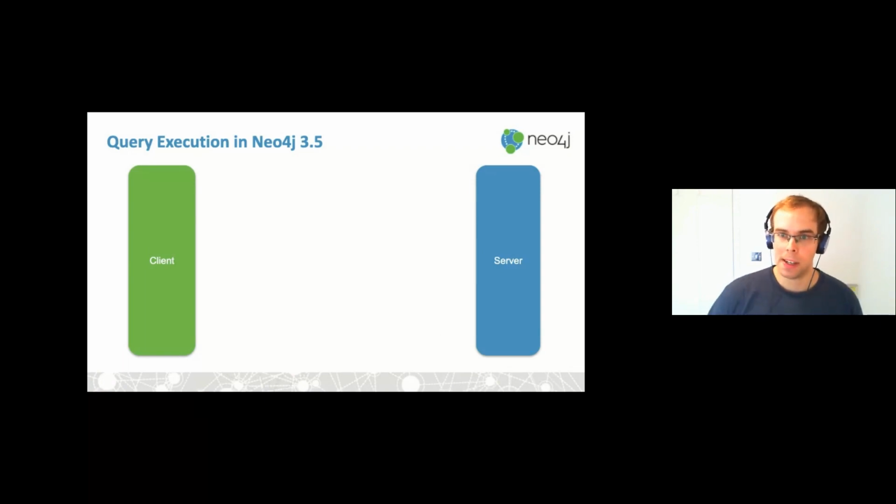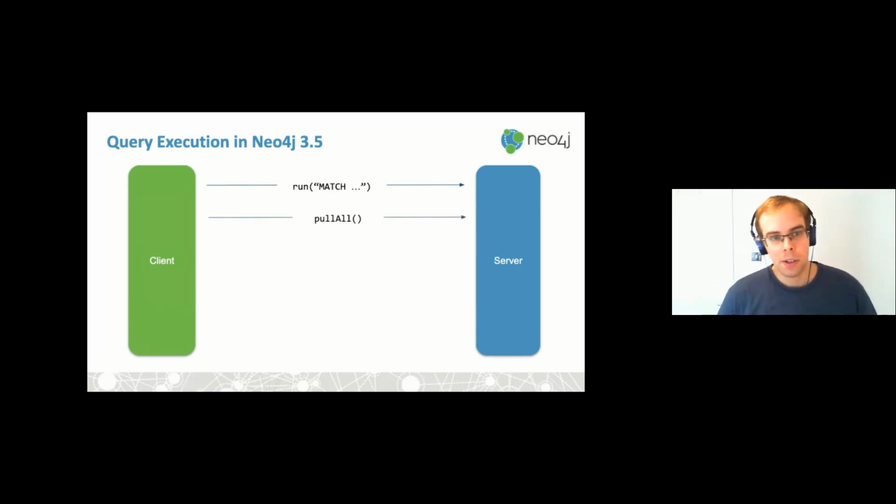So we typically have our client, one of our official Neo4j drivers, and the server, being Neo4j. What we typically want to do is query the data on the server by running a Cypher statement against the database. We run our statement, and then immediately afterwards we're interested in those results.